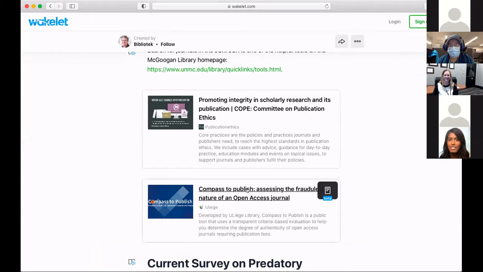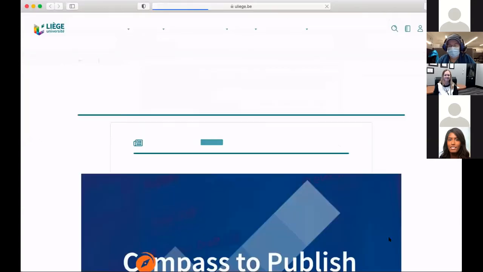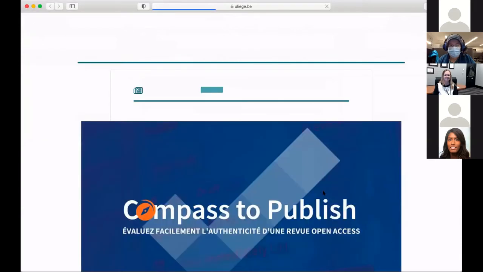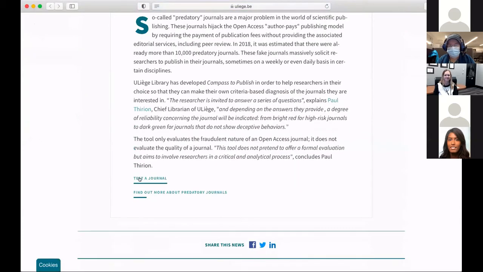One that just started in November, Compass to Publish, is a new resource that offers the ability to go through and check. So you can test a journal, go into it, and man, they just really like new screens. Come on.